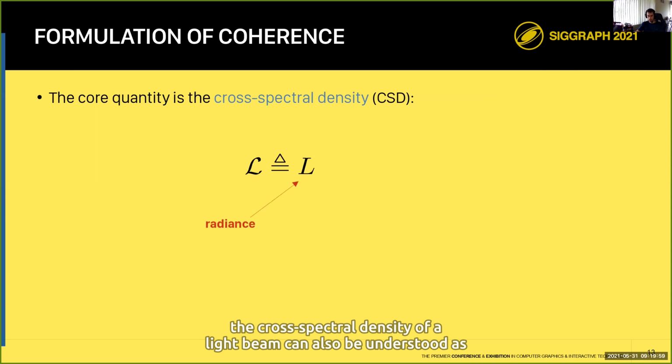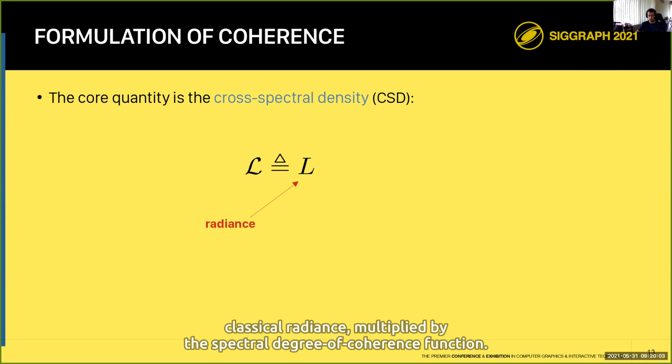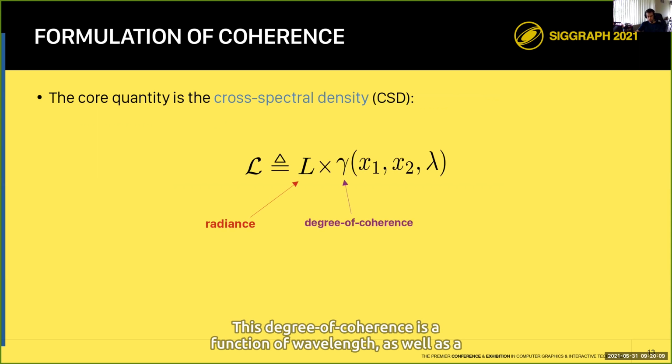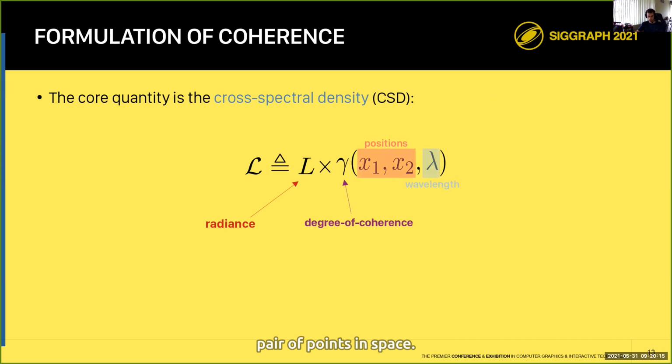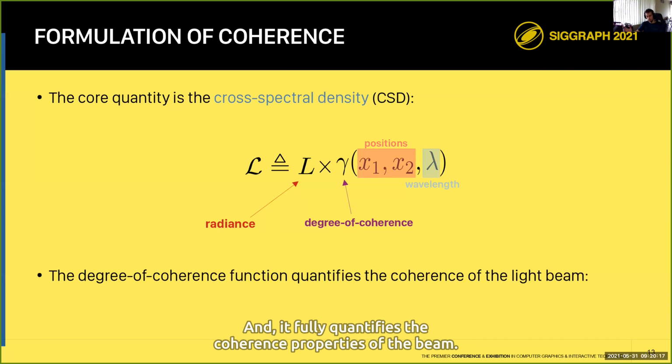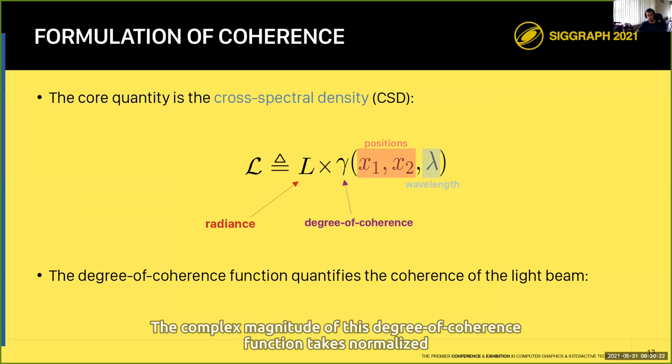The cross-spectral density of a light beam can also be understood as classical radiance, multiplied by the spectral degree of coherence function. This degree of coherence is a function of wavelengths, as well as a pair of points in space, and it fully quantifies the coherence properties of the beam.